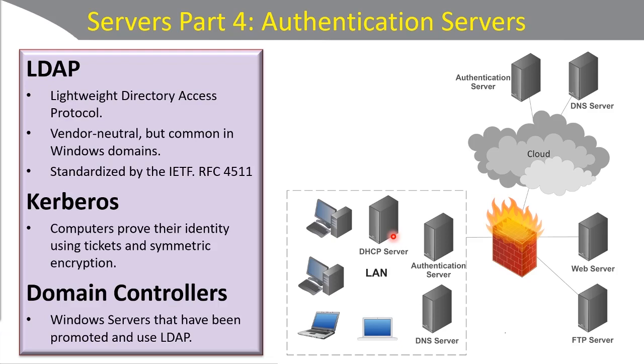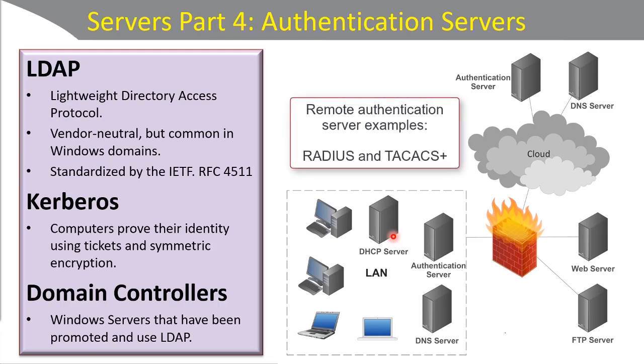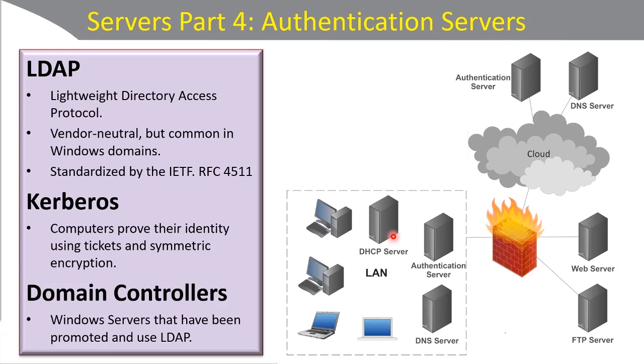And there are some examples of authentication servers that can be used for that. For example, RADIUS and TACACS. So there are a variety of different authentication servers available, but the A+ exams will focus the most on domain controllers in Windows-based networks.